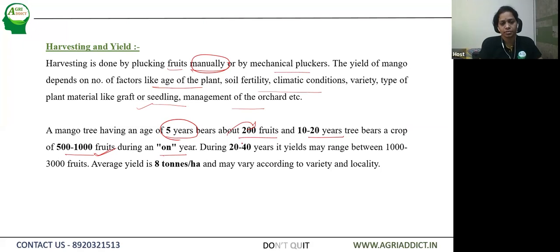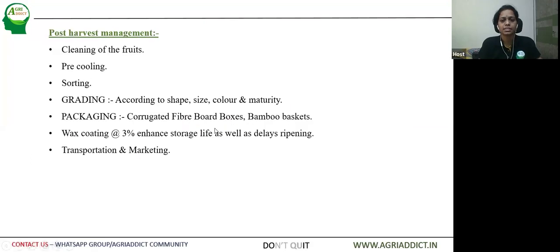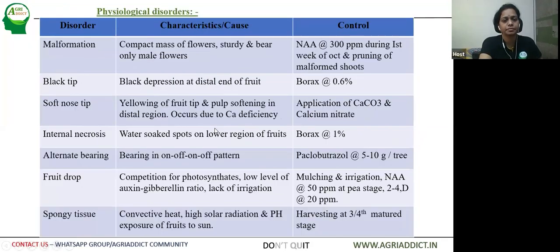Then during the on year it is higher, and in some varieties during the off year it may reduce. However, at 20 to 40 years, production may increase from 1000 to 3000 fruits per tree. The average yield per hectare is around 8 tons, depending upon the variety and locality.